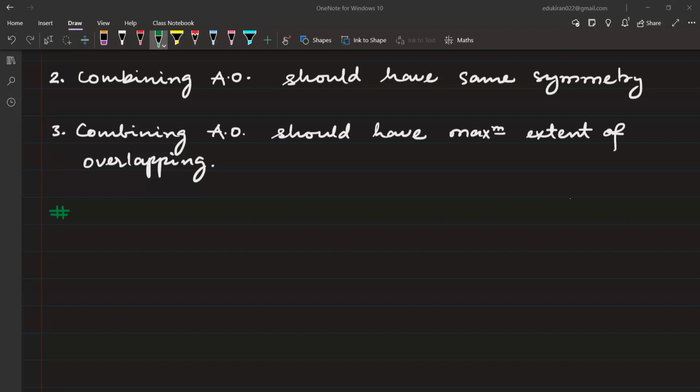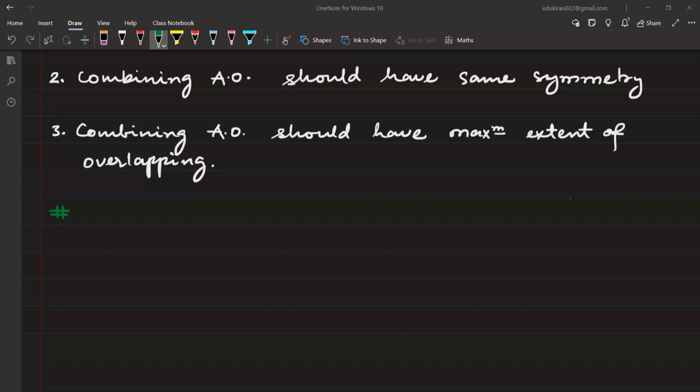So in molecules, the electron will be in molecular orbitals. You said it yourself. Make sense? Yes or no? Yes, sir. Okay, so that is the main concept of molecular orbital theory. There is no overlapping, hybridization, none of that. It is a simple concept: in atoms, the electrons are in atomic orbitals; in molecules, they will be in molecular orbitals.